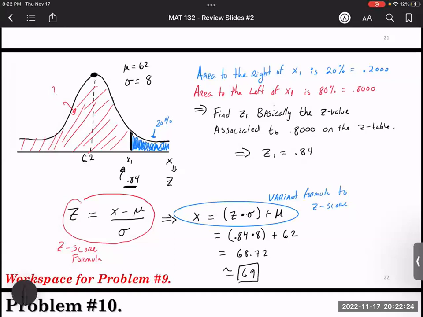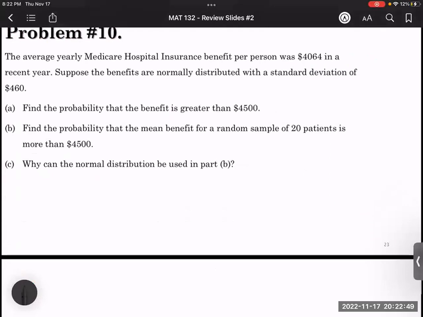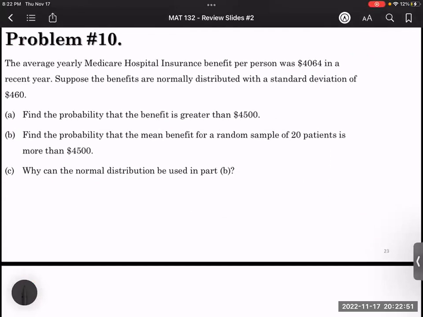All right, any questions with 9? Let's do problem 10. Problem 10 states that the average yearly Medicare hospital insurance benefit per person was $4,064 in a recent year.